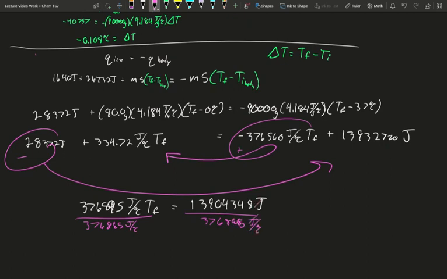My joules will cancel, my degrees Celsius will go up. What we'll find is that our temp final is 36.89 degrees Celsius. Without sig figs being concerned, 36.8919 degrees Celsius, which earlier we'd said it was 37 minus 0.108, so it should have come out at 36.892. And more or less that's what we find.